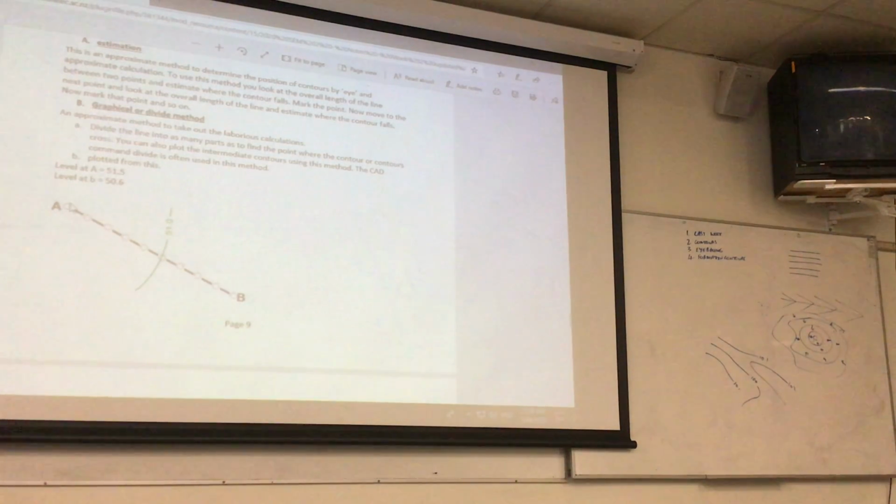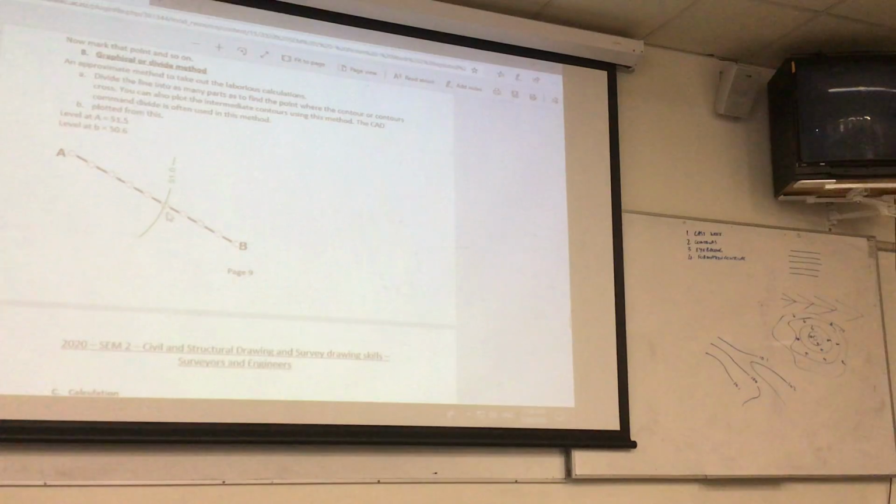So you divide it by 9, 1, 2, 3, 4, 5, 6, 7, oh, sorry, there should be 10 there, but there'd be 9 divisions. And then you count from 50.6, 50.7, 50.8, 50.9, and 51, okay? So by dividing, it's just a matter, once you've got those nodes on there, of counting to the right spot.